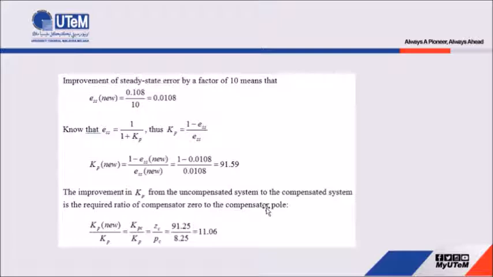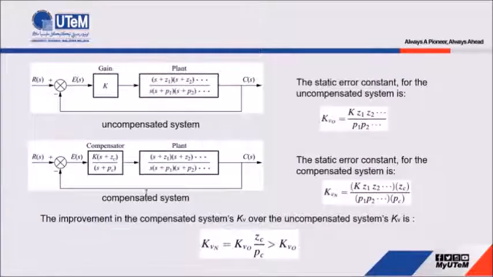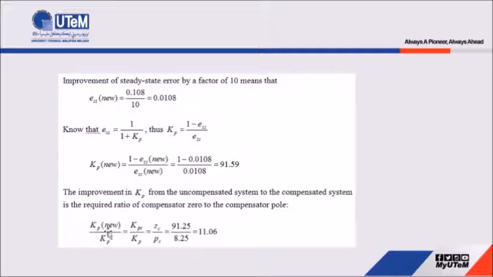The improvement in Kp from the uncompensated system to the compensated system is the required ratio of the compensator zero to the compensator pole. So after we obtain this Kp new, we apply this formula. We put the value for Kp new, 91.25, and the old Kp, 8.25, equal to ZC divided by PC.